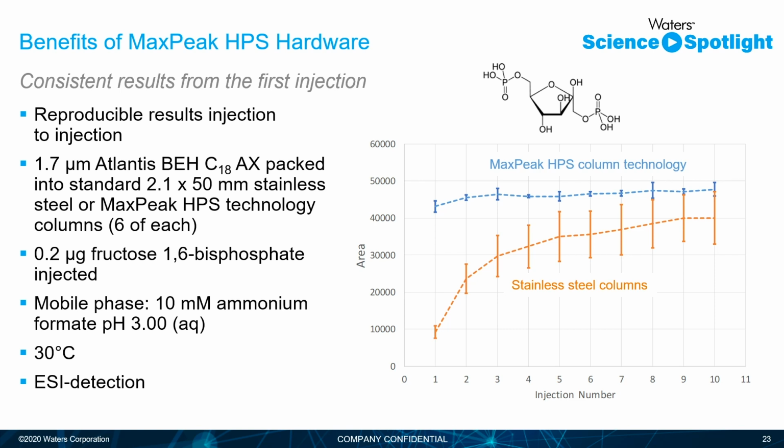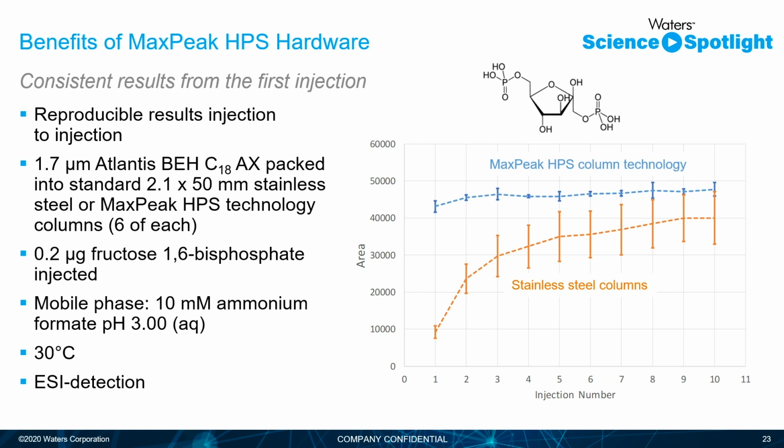What's to be noted is that for the stainless steel columns, injection 1, you get much lower area count than injection 2 and injection 3 and so on. In fact, it doesn't really even level out even at injection 10. With the MaxPeak High Performance Surface column technology, you get expected area counts from injection 1 all the way out to injection 10.